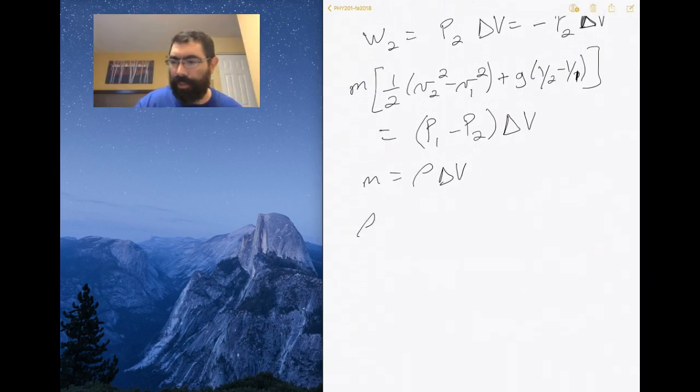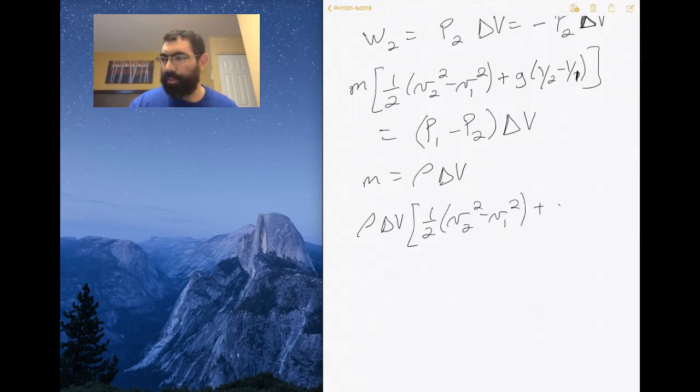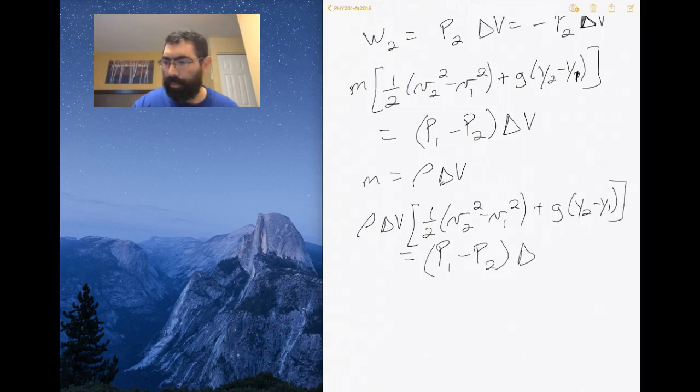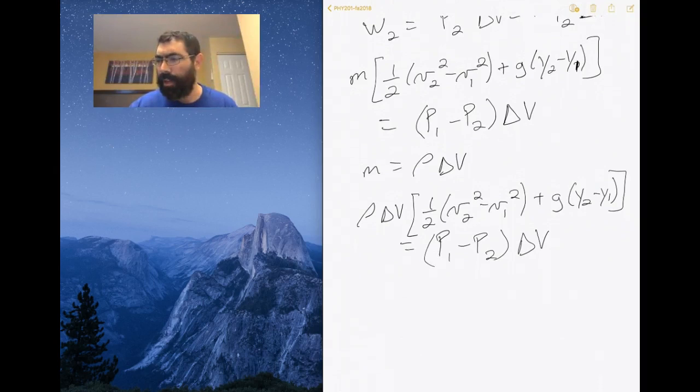So now you've got density times the volume times 1/2 change in the velocity squared plus g change in the heights is equal to P1 minus P2 times the volume. So the volume is the same on both sides, so we can cancel that.